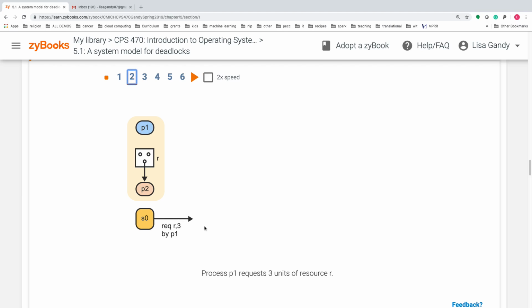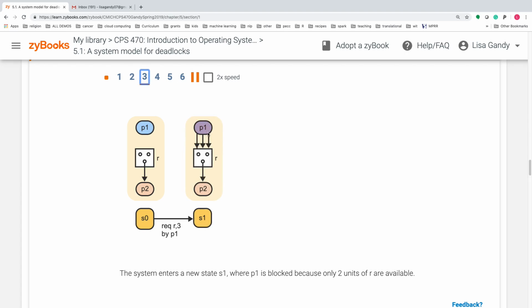Now the state can go to the next one. In this one, R is requested for 3 units by P1. So that's going to be the next state. P1 asks for 3 units of R. P2 still has its resource because we haven't done anything there. That's the new state, and P1 is blocked because we don't have enough units.